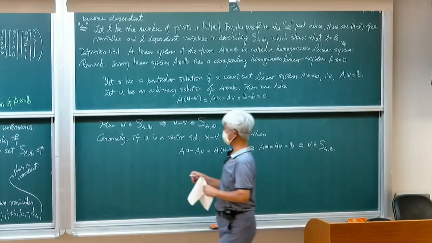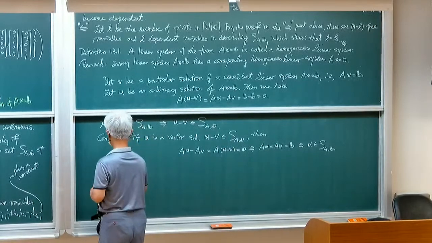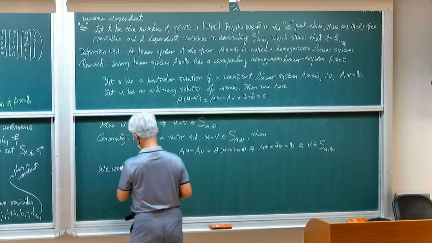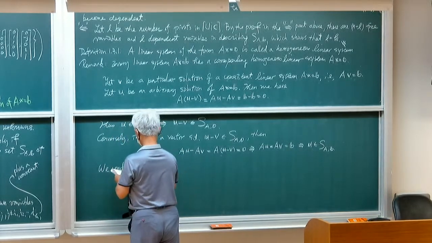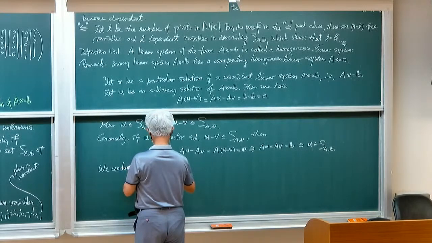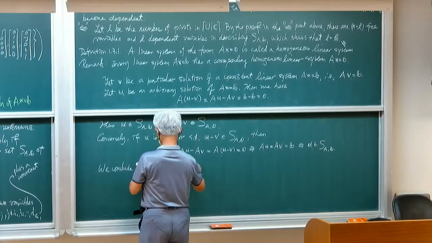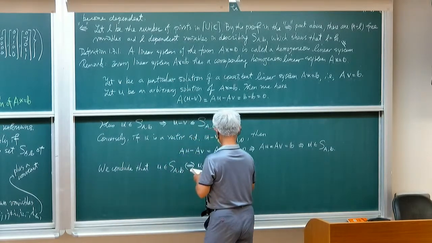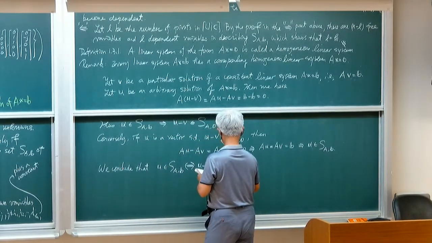So we conclude that U is in S(A,B) if and only if U minus V is in S(A,0).